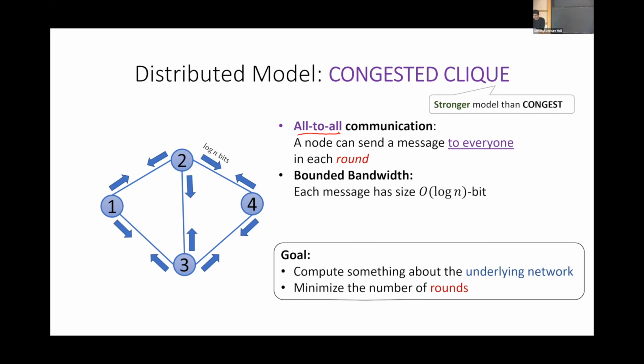So every node here can send a message to everyone. For example, this node can also send a message to 4, and 1 can send a message to 4 too. Everyone still wants to figure out some property of this network, but now we allow all-to-all communication. So it's just strictly stronger.